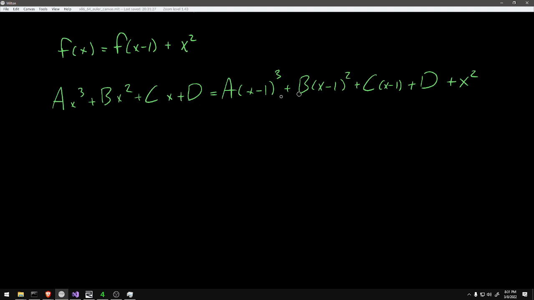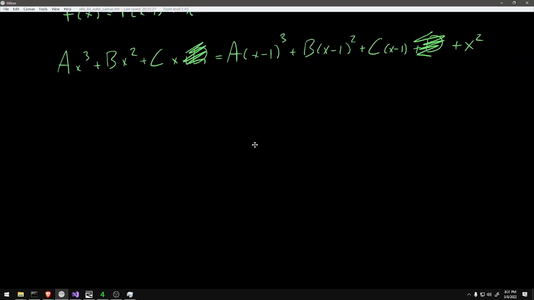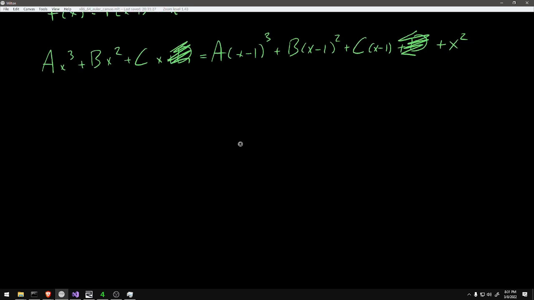One thing I could do is I immediately see there's a d on each side, so let's cancel those out for now because they shouldn't affect any of the other constants we're trying to solve. And then in the end, we can go back and solve for d later, right? Now what we have left is ax cubed plus bx squared. Taking those d's out is just going to make this a little bit easier to fit on the screen, and it's a little bit less pen work.